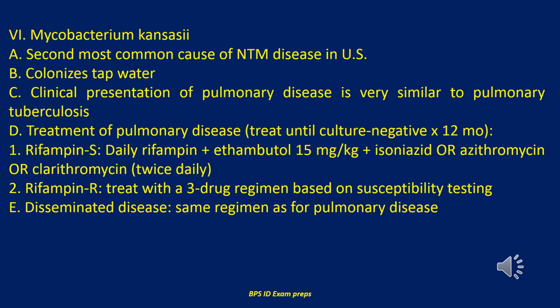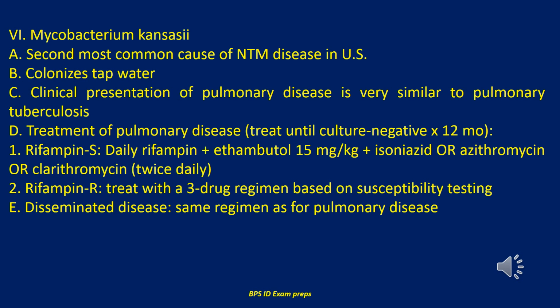Let's now discuss Mycobacterium kansasii. A. It is the second most common cause of NTM disease in the US. B. It colonizes tap water. C. Its clinical presentation of pulmonary disease is very similar to pulmonary tuberculosis. D. Treatment of pulmonary disease: treat until culture negative for 12 months. 1.